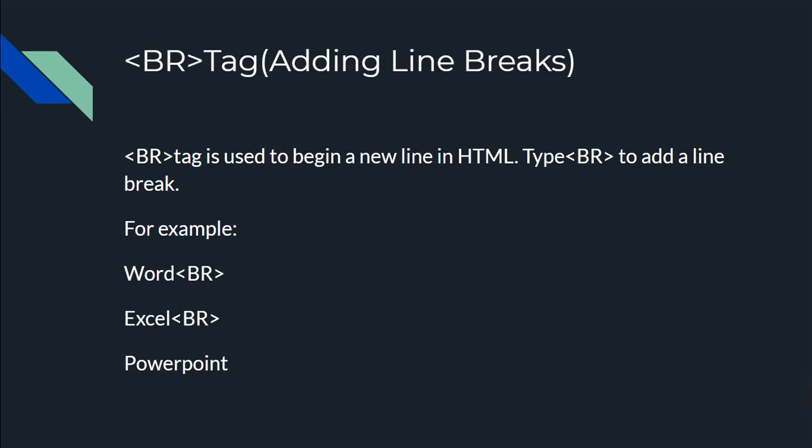Then we have again put a BR, so the PowerPoint will be shifted to the next line in the output. We don't have BR after the PowerPoint because there is nothing after the PowerPoint. I will explain all these things in detail while giving the demonstration.